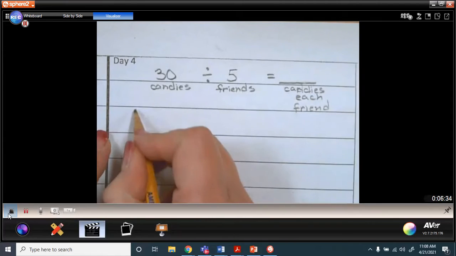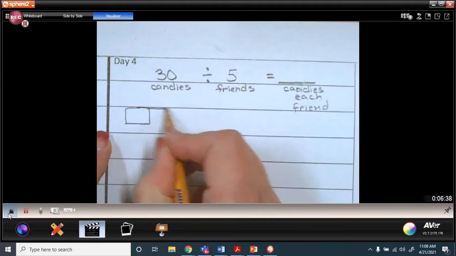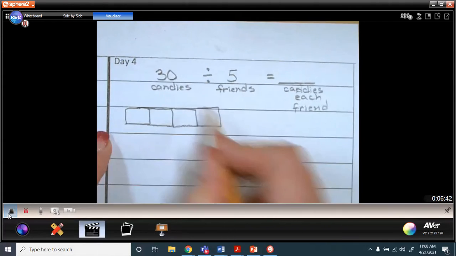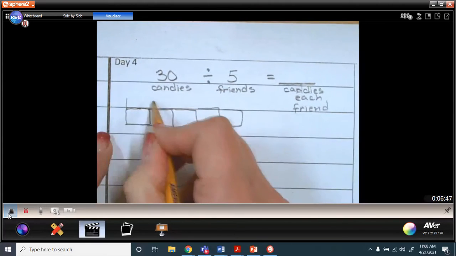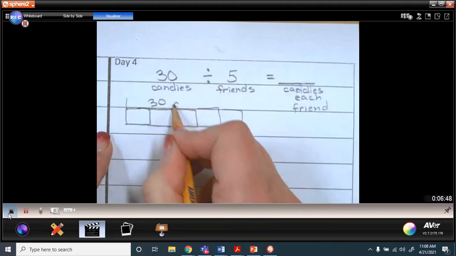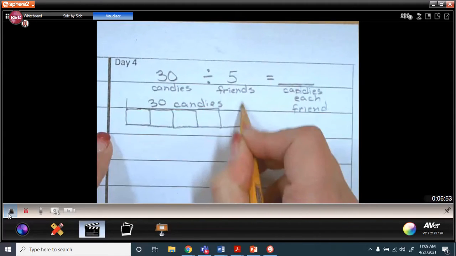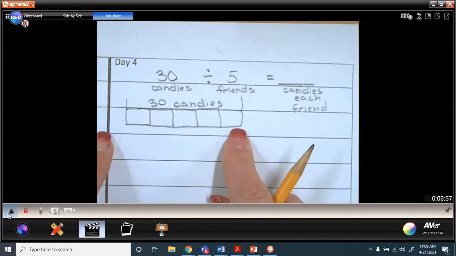So if I model this using a bar diagram, I can see that I'm going to have 5 friends, and I'm going to share the 30 candies between those friends. So I need to know how many are in each group.